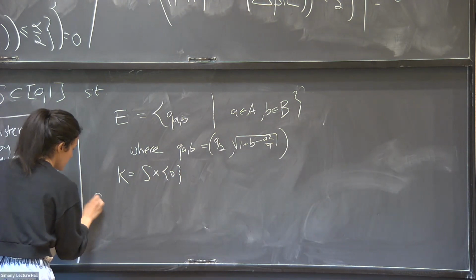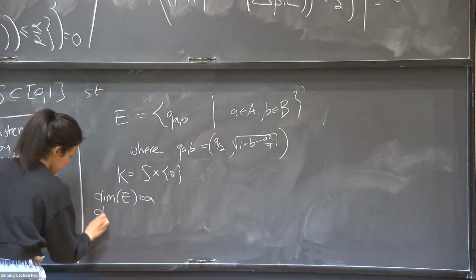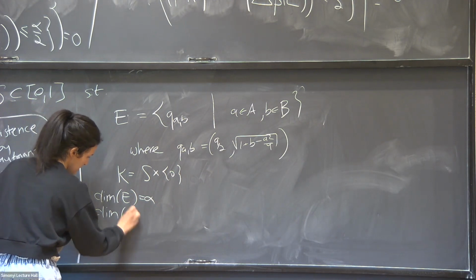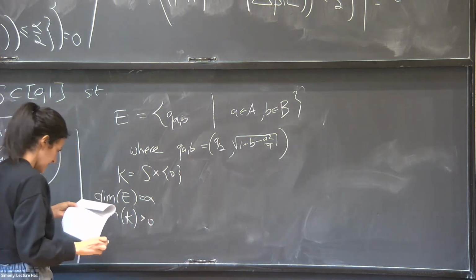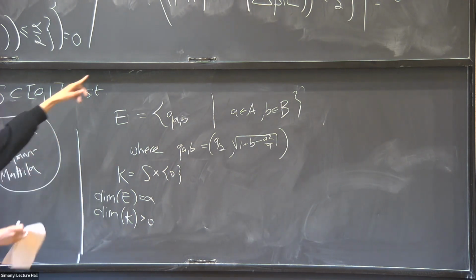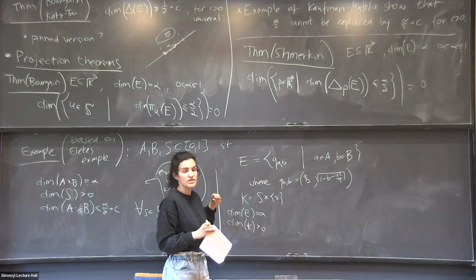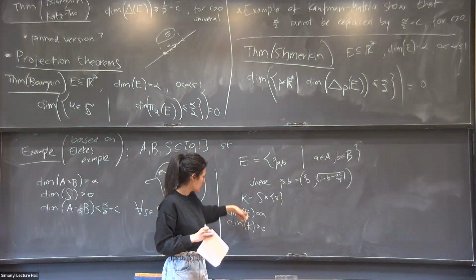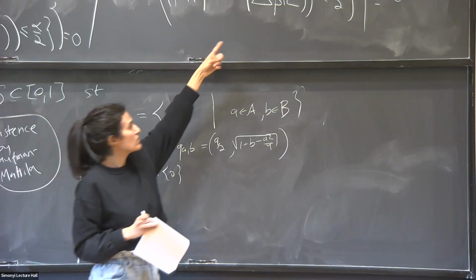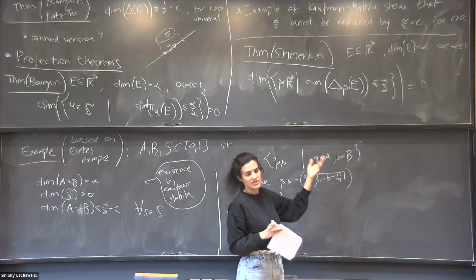So we have the dimension of E is alpha, the dimension of K is positive, and I want to say that the dimension of the set of distances for each point in K, if we take a point in K and look at all the distances between this point and the set E, the set of distances will have dimension larger than alpha over 2 plus c.